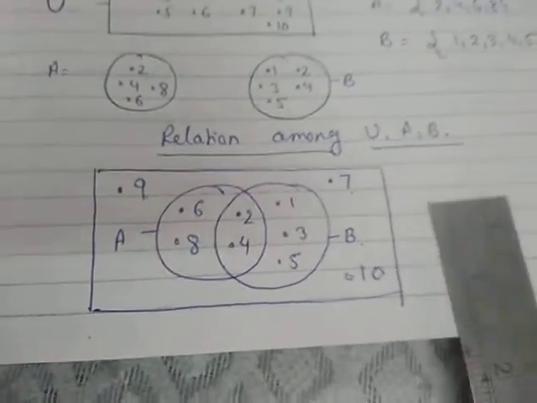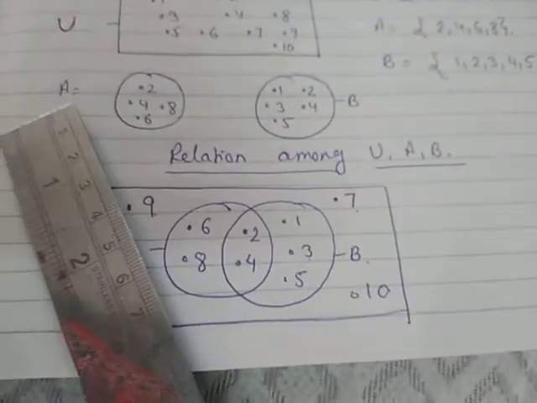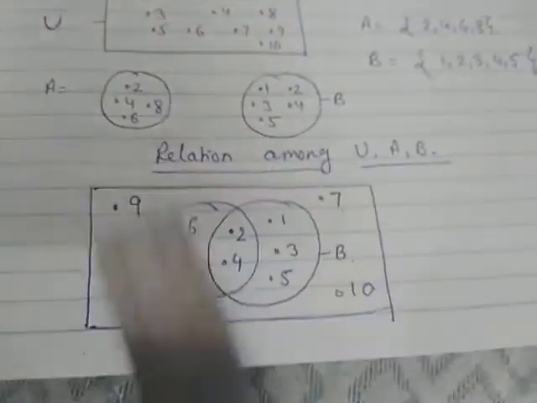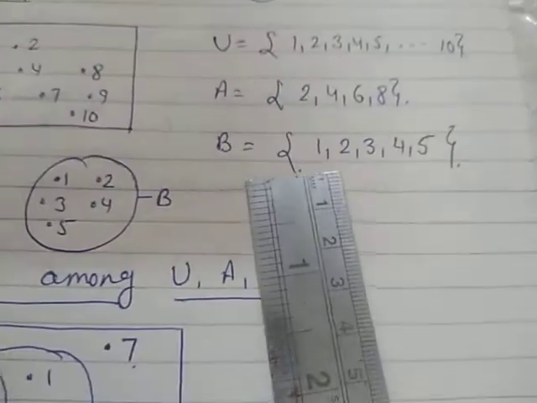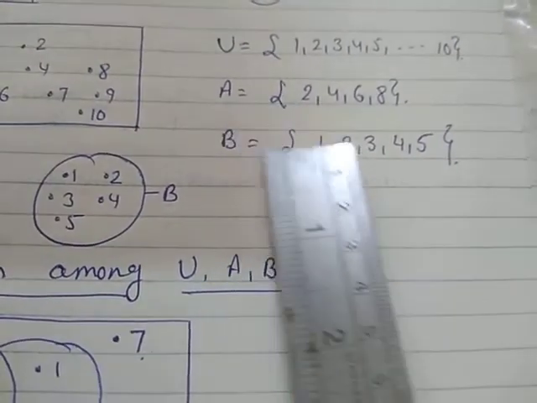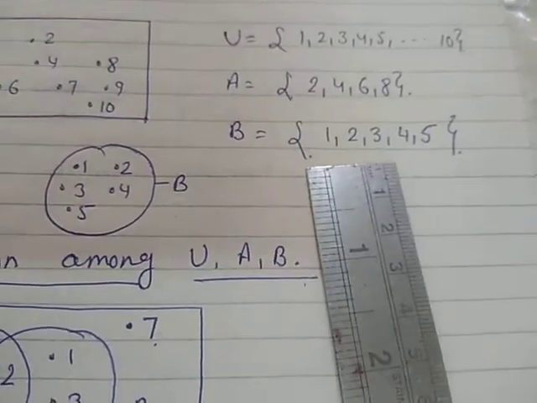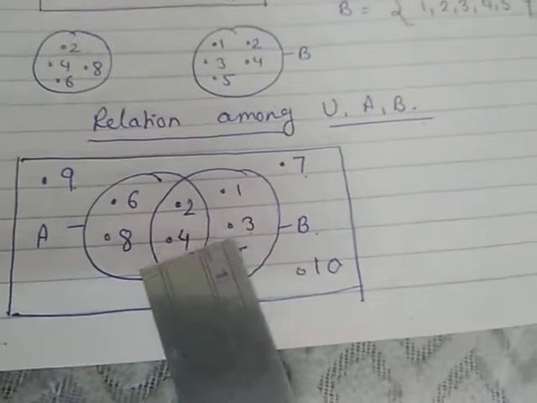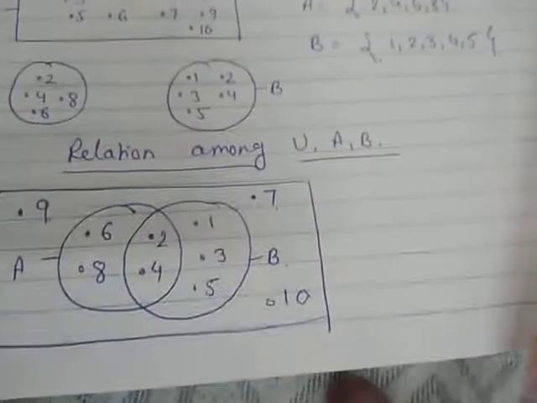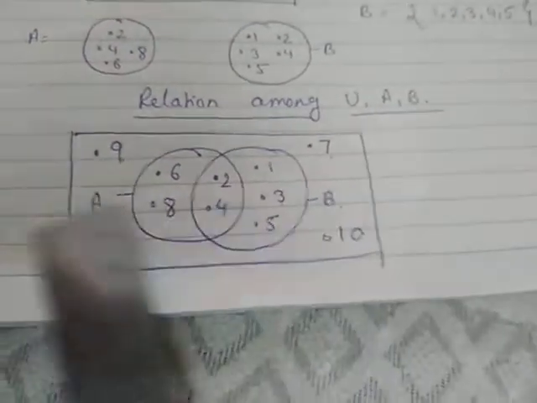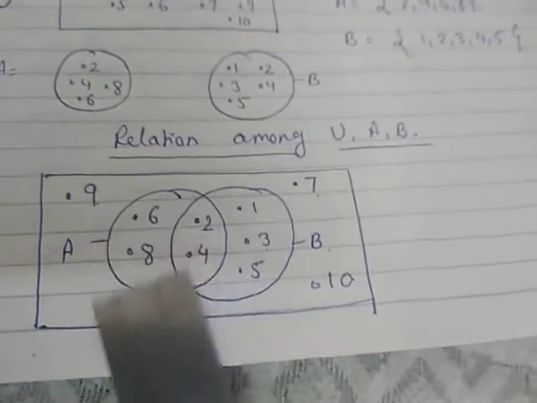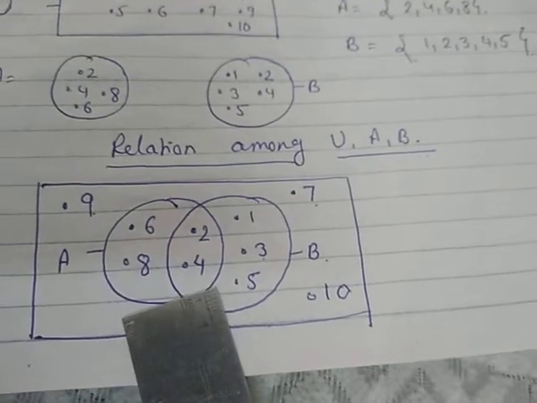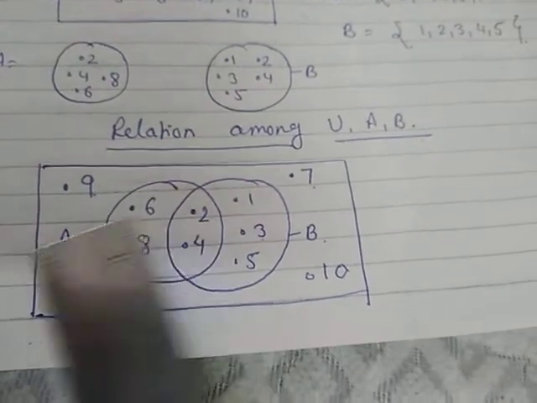Now, first we need to specify the elements of the circles. Since there are common elements, that is 2 and 4, both are common, these two circles intersect each other because a common part is there. That I will explain later in operations on sets. Before that, just see it. 2, 4 is the common element, and this is the intersected part of the two circles.